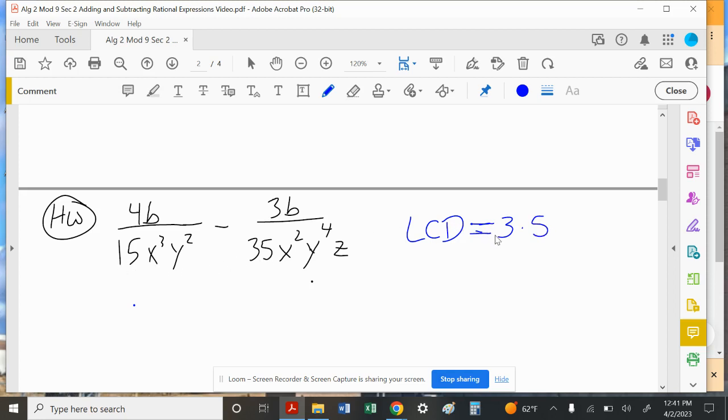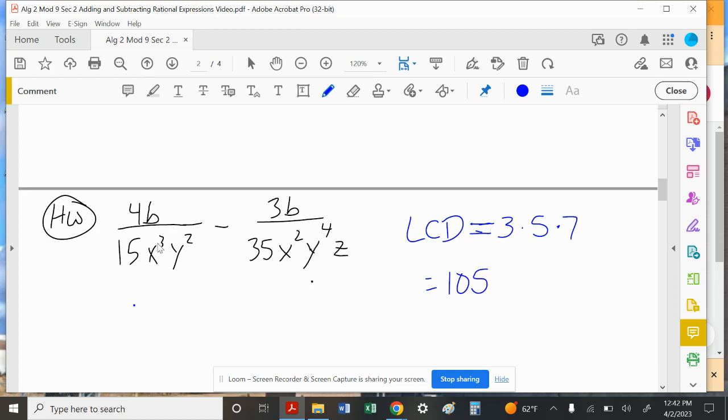That's it for the 15. My 35 also needs a 7. So right now, in terms of the numbers, 15 times 7, or 35 times 3, is 105. So they both go into 105. That's the lowest common denominator.